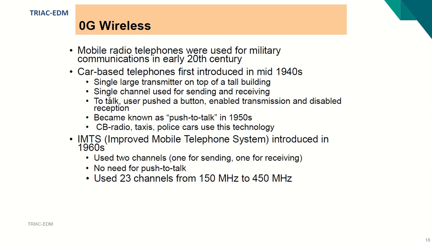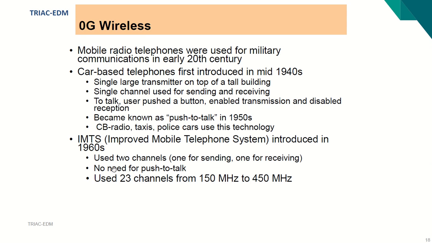And to talk, you push a button to enable transmission and disable reception. It became known as push to talk because you have to push a button before you talk. So that's push to talk in the 50s, and citizen CB radio, taxis, and police cars use this technology.